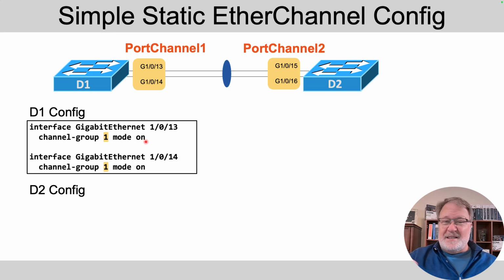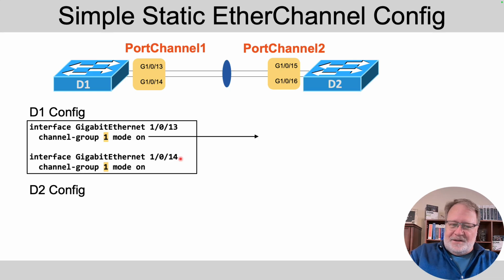Mode on says statically configured. I'm not doing anything dynamic. Place this port into that port channel 1. And you do that on the two interfaces, 1013 and 1014, and both are added to the port channel 1's EtherChannel. Yeah, a lot of mixing and matching of terms referring to the same big ideas here, unfortunately. That's just the way Cisco chose to describe it.